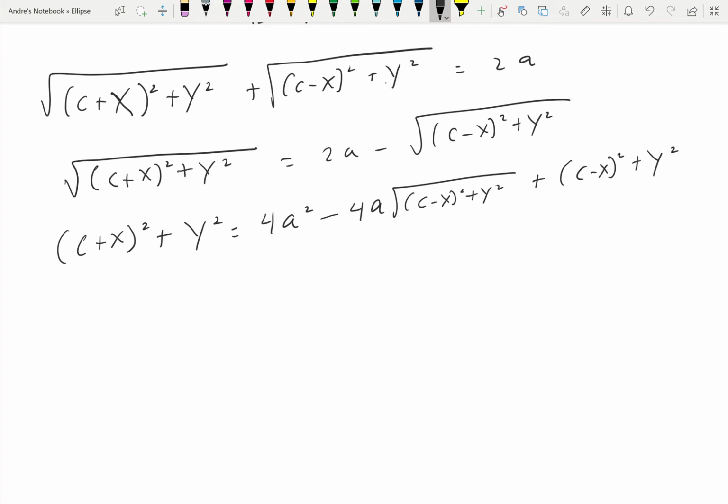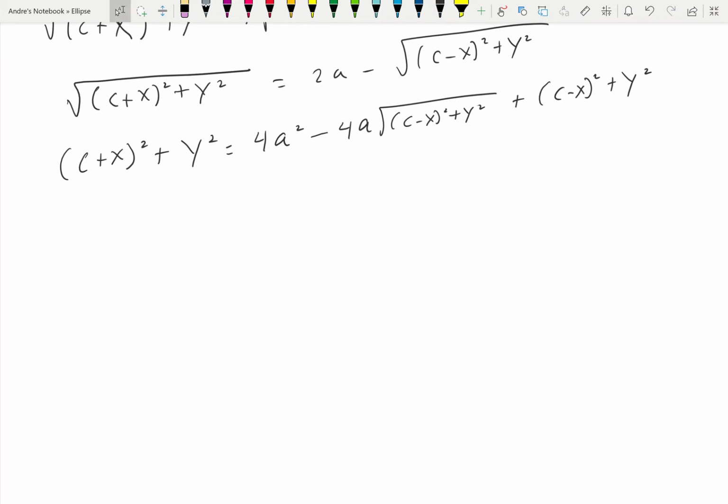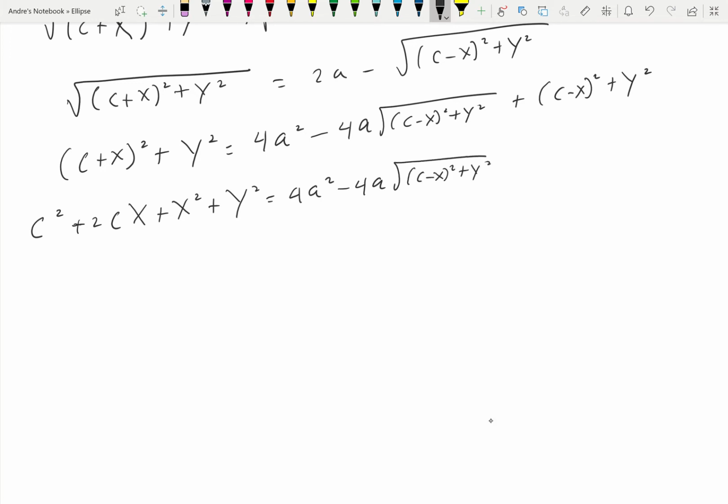We can expand these brackets, so we'll get c squared plus 2cx plus x squared plus y squared equal 4a squared minus 4a root (c minus x) squared plus y squared.